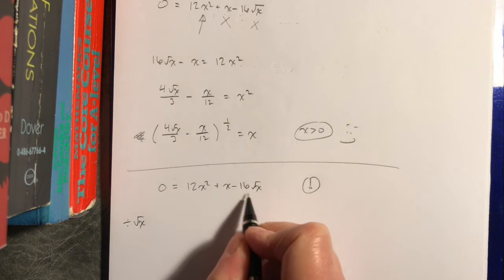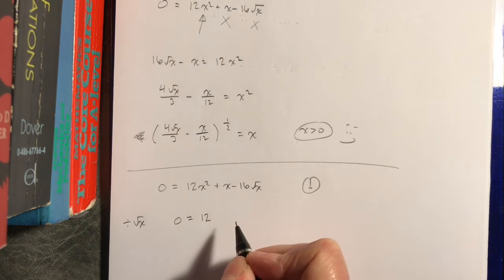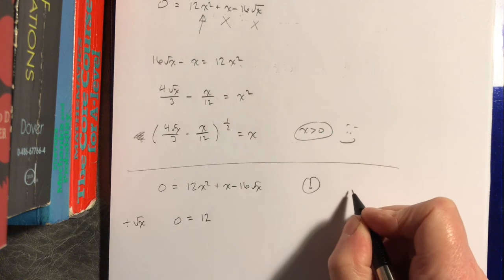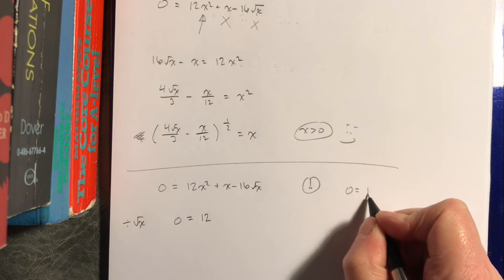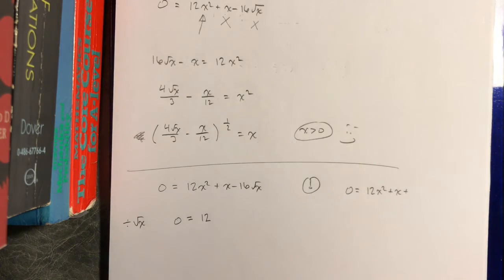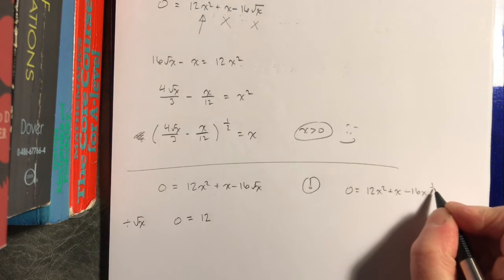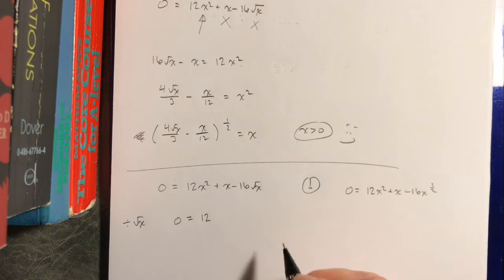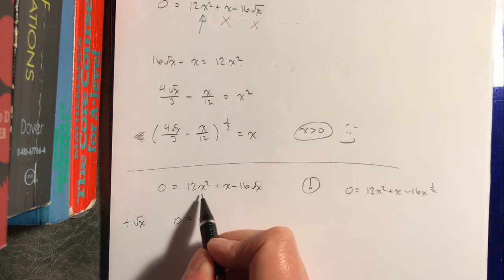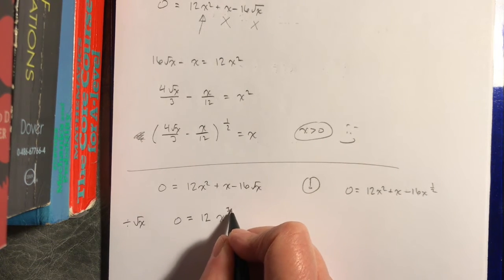So if you divide everything through by root x, you get 0 equals 12. Well, we kind of do have to go back into index notation. So we've really got 12x squared plus x minus 16x to the 1/2. So we're dividing by x to the 1/2. So if I divide x squared by x to the 1/2, I'm going to have x to the 3/2.